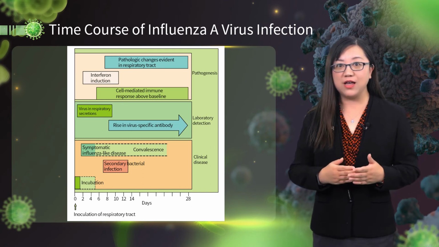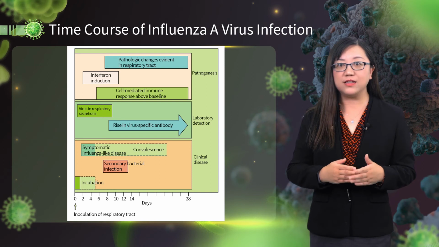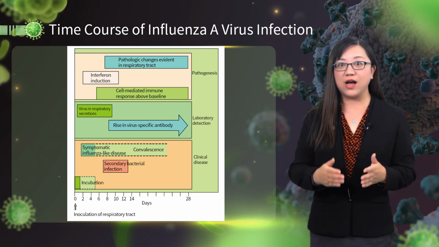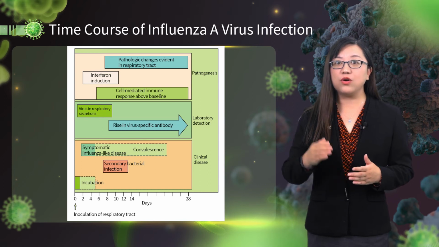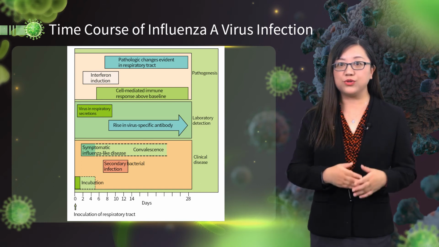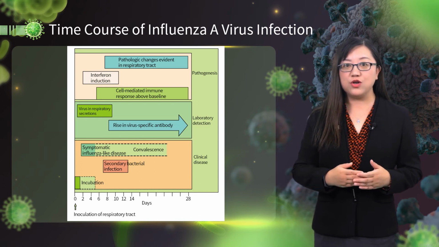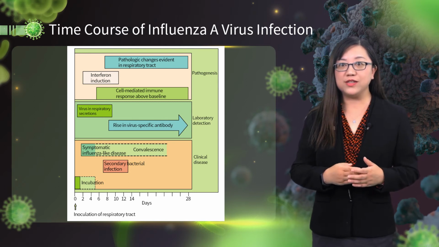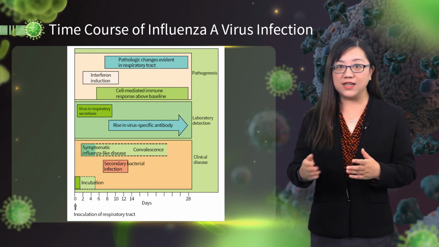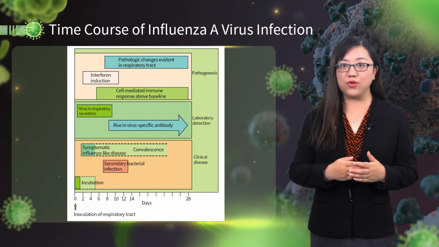Systemic symptoms are caused by the interferon and cytokine response to the virus. Local symptoms, runny nose, cough, etc., result from epithelial cell damage, including ciliated and mucus-secreting cells.